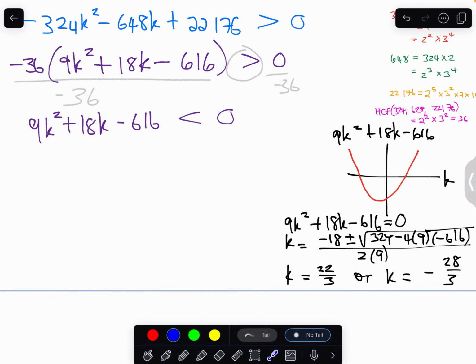Right, so we now know that this is negative 28 over 3, and this is 22 over 3. We are looking for the places where this expression is negative, and it is happening over here when k is between these two values.